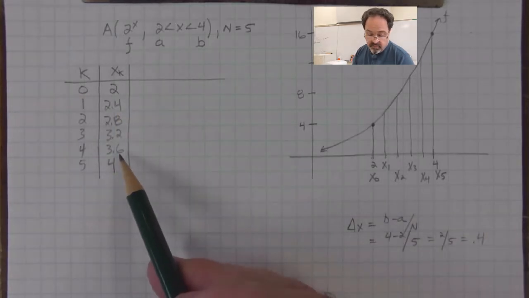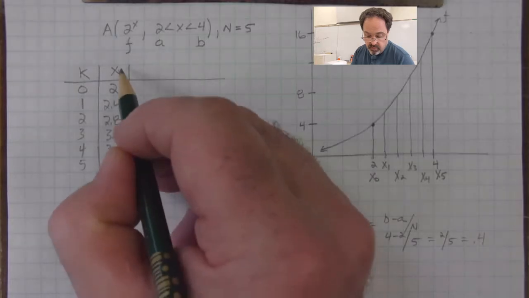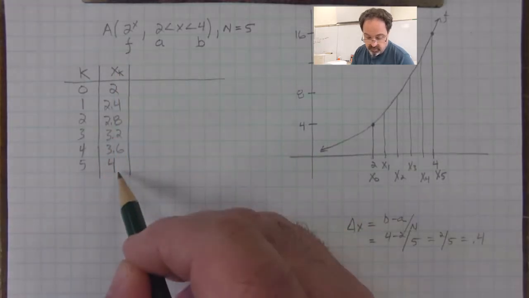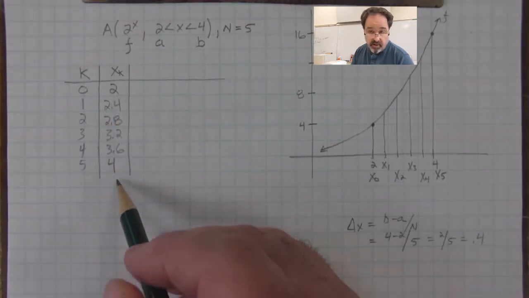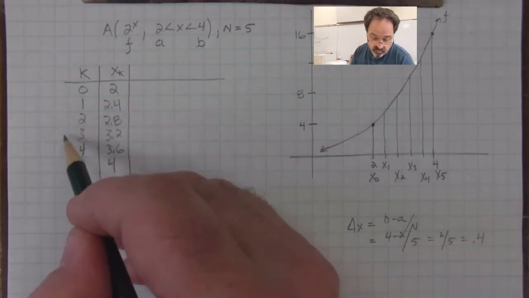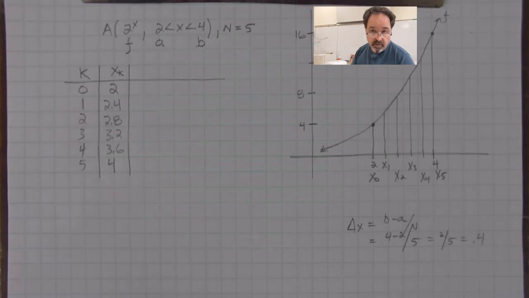So I've had to take the step to translate or correspond my list of important domain values and associate them with integers so that in a final step I can create the sigma notation. That's where I'm going. I still have some more to do to get there.